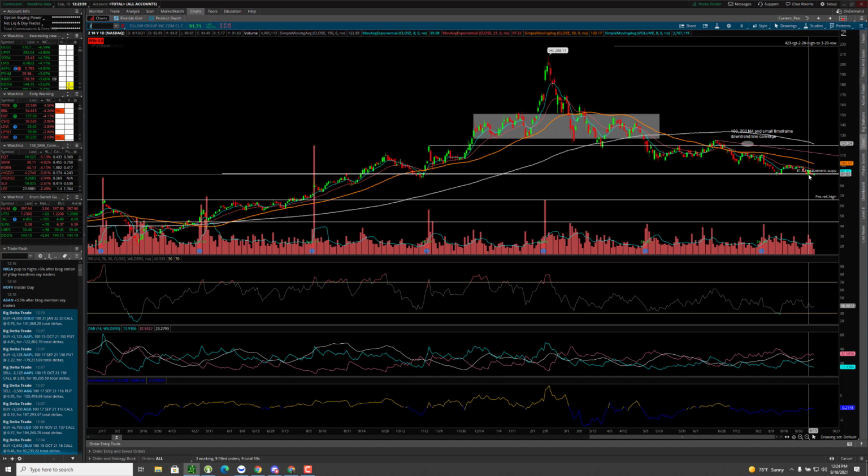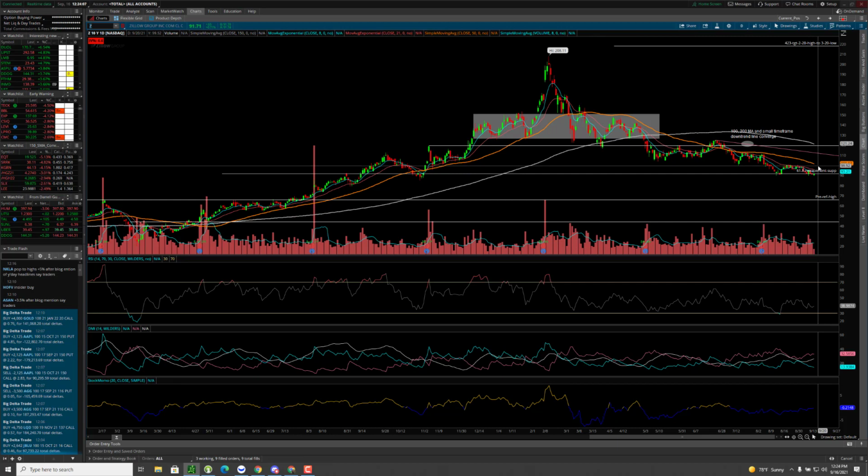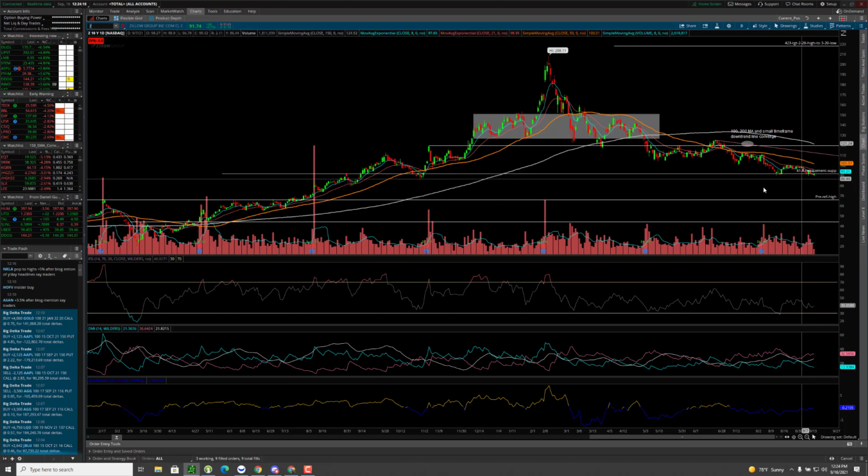Then over here, this is a double bottom again, double, triple bottom, whatever you say, and now it has undercut that and it is trying to regain that. So I am bottom fishing it with definitely an October call, and I have taken a leap, 110 calls, which is January 2022, 110 calls. So that is there.